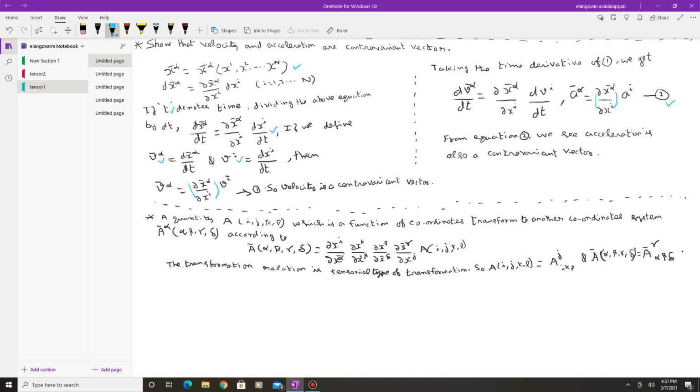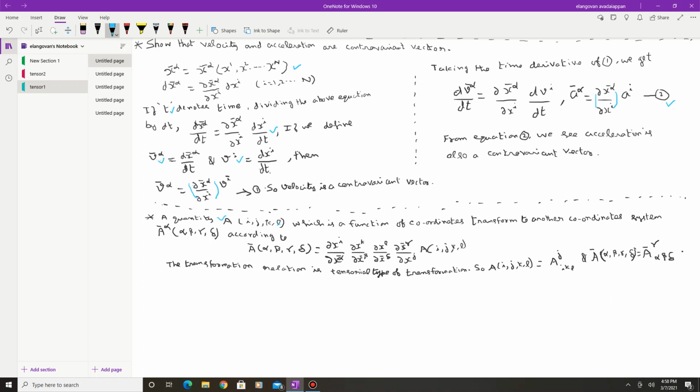Now let us choose one simple example. Suppose you have a quantity A, which is a function of i, j, k, l, a function of coordinates.